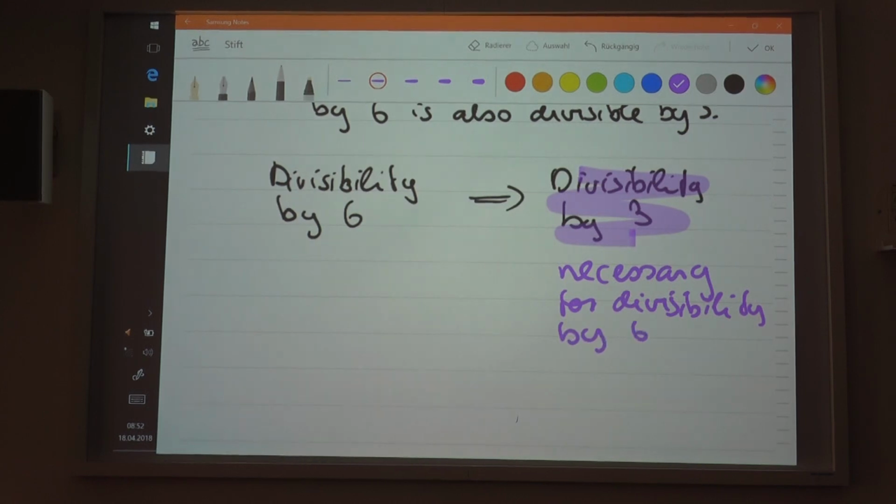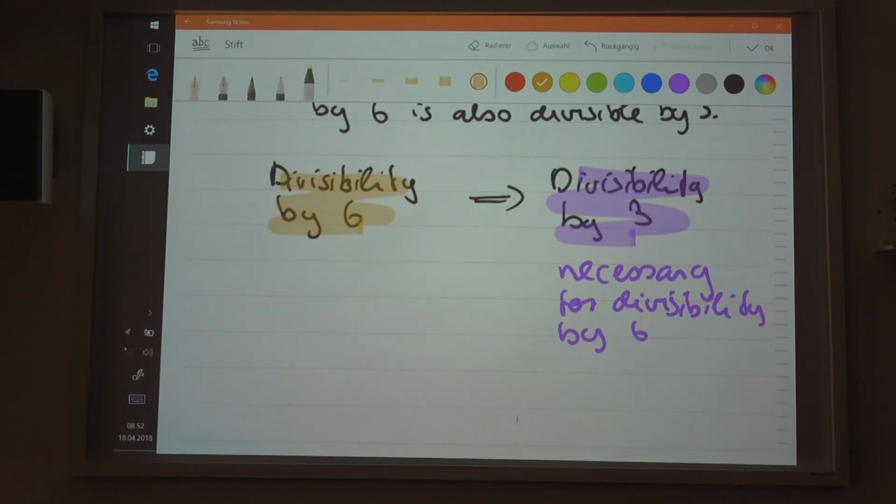Why is that? Because if a number is not divisible by 3, then it cannot be divisible by 6. You understand that? And this statement here, on the other hand, the one on the left, is sufficient for the divisibility by 3.